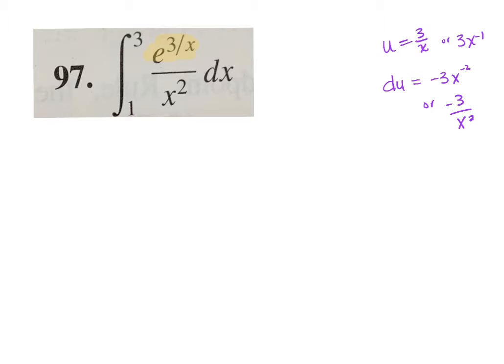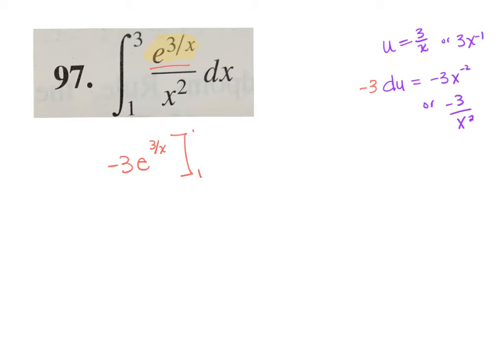We have the over x squared. We don't have the -3, right? So we're going to have to do that multiplication by that -3 there. And so my final answer for my antiderivative is just going to be this function times your -3. So you have -3 e to the 3 over x as my antiderivative.